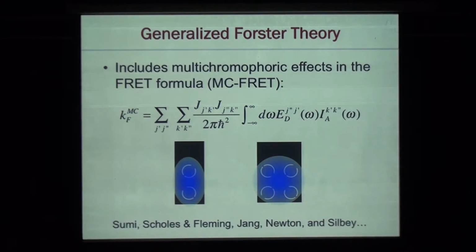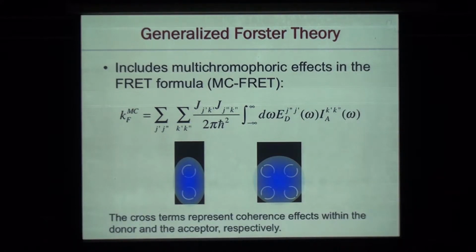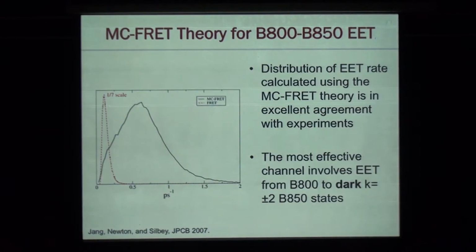To describe energy transfer between a delocalized state and another delocalized state, even though the coupling between them is small, you need to sum over all pairs of couplings and then consider coherences within the donor group and within the acceptor group. So they came up with this formula. The details are not important, but basically with this formula, these cross terms represent the coherence effect, the quantum effect.